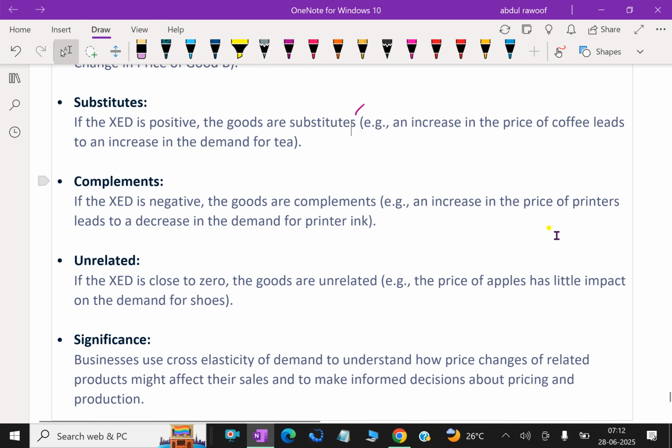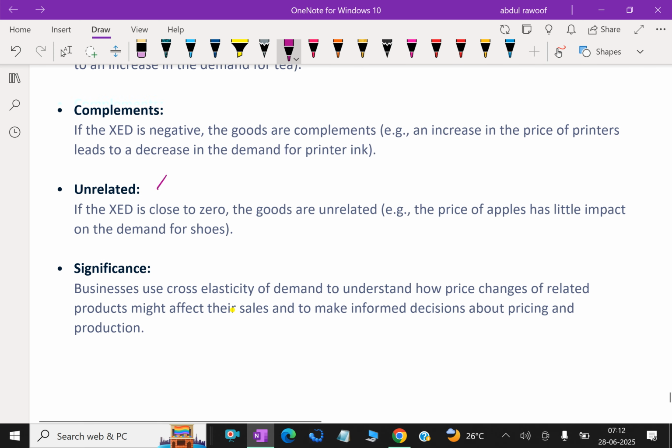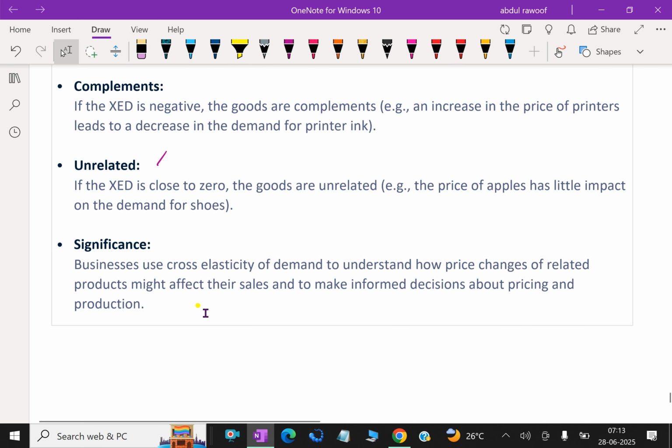That is, an increase in the price of coffee leads to an increase in the demand for tea. For complements, XED is negative. For unrelated goods, XED is close to zero. Businesses use cross elasticity of demand to understand how price changes of related products might affect their sales and to make decisions about pricing and production.